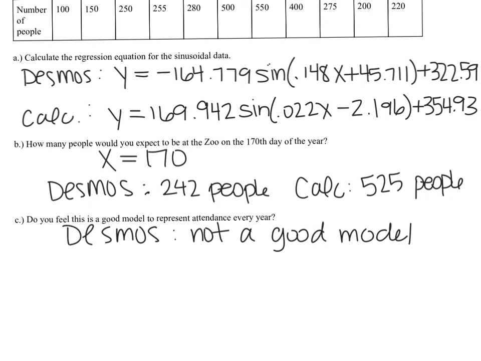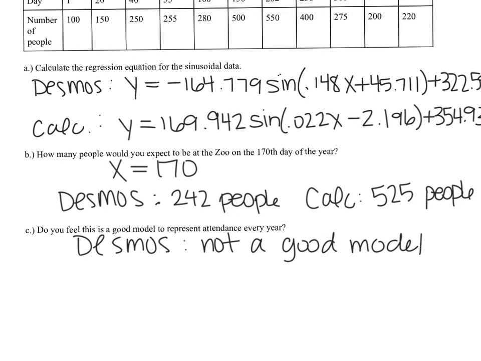But the equation given to you from your calculator, if you were to graph that one, the calculator is a good model. It fits more of our data points and therefore gives us a more accurate representation of the regression equation.